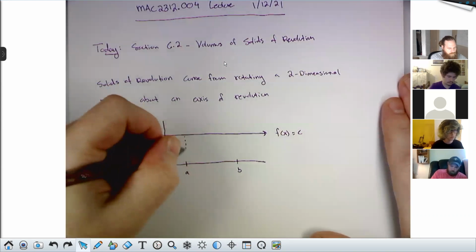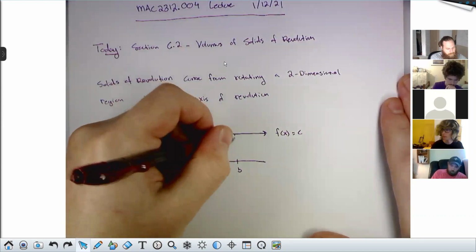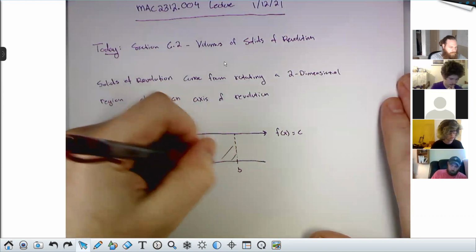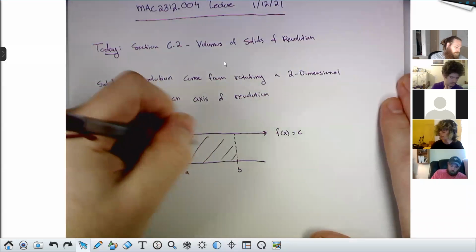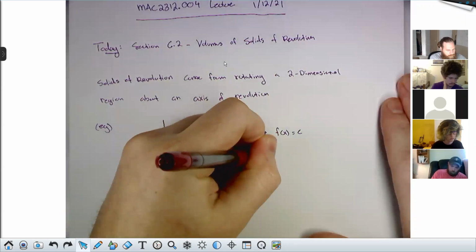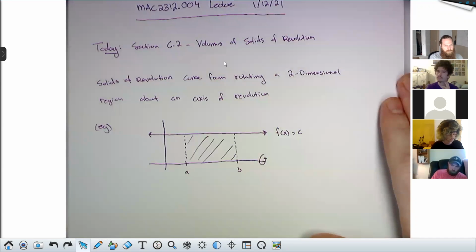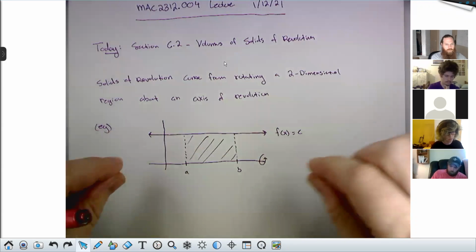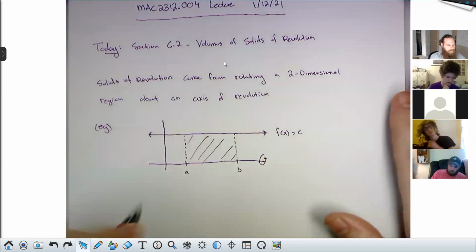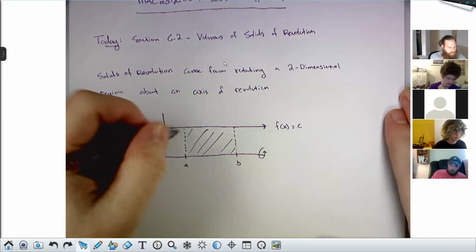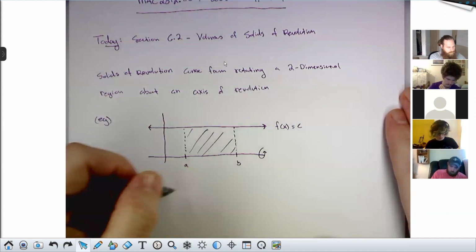If I take the region bounded by f of x from A to B, that's this area here, and I were to rotate it about the x-axis. So you kind of imagine that the x-axis is like a barbecue spit, and you can spin this region around that barbecue spit. The solid you would get would look like a cylinder.